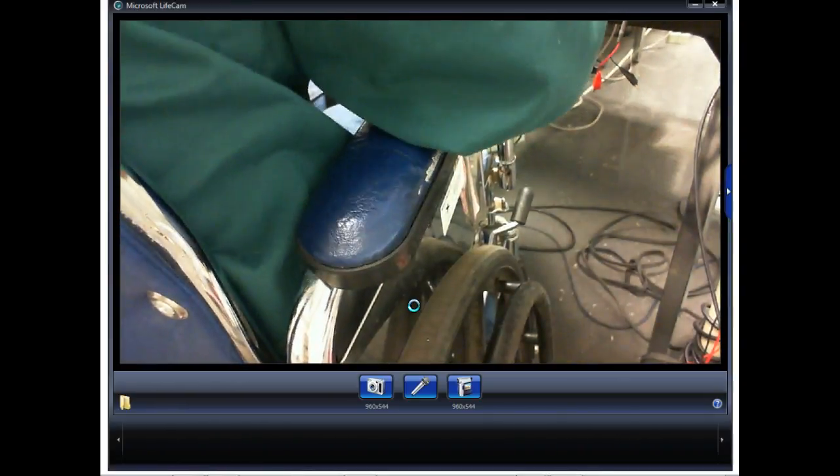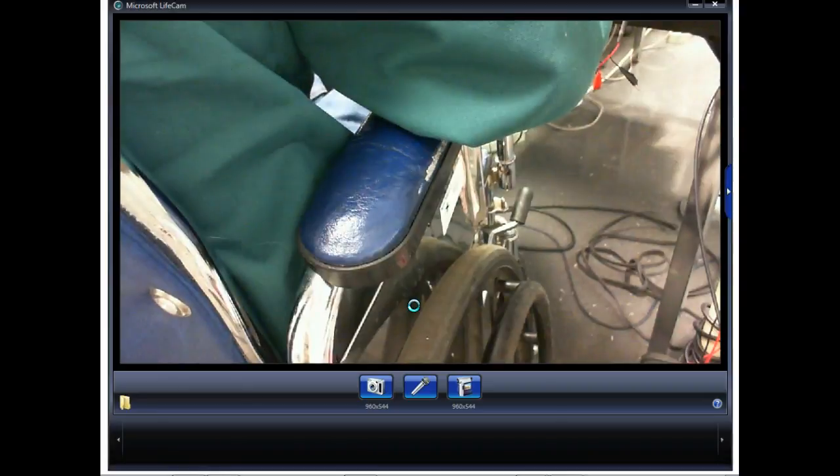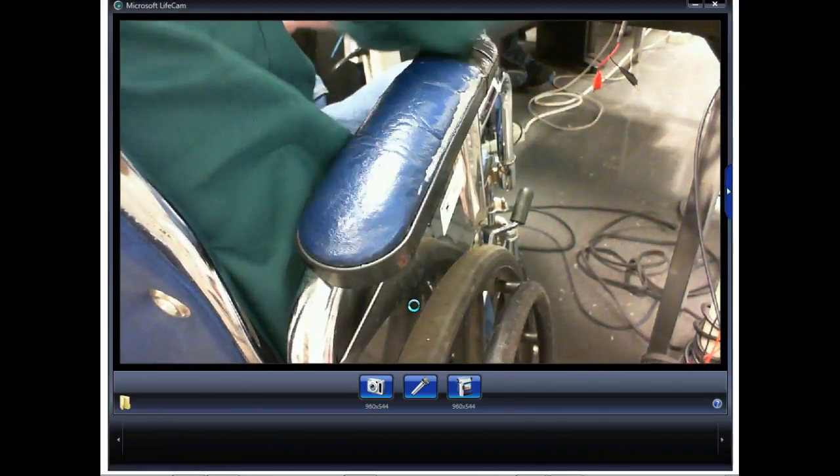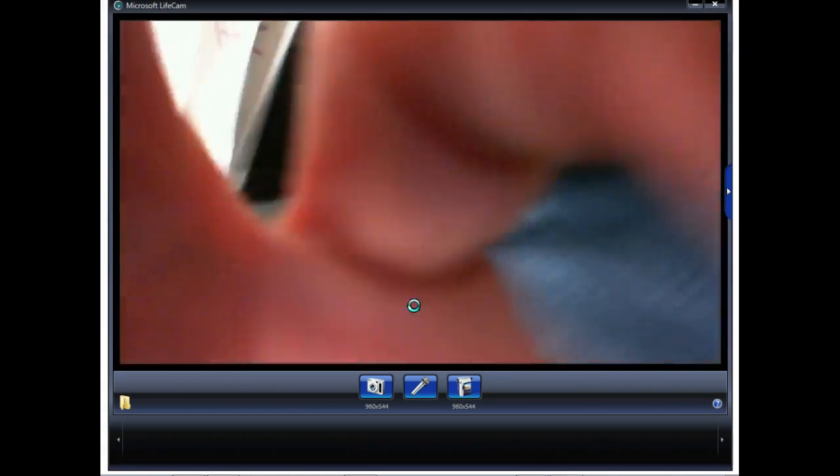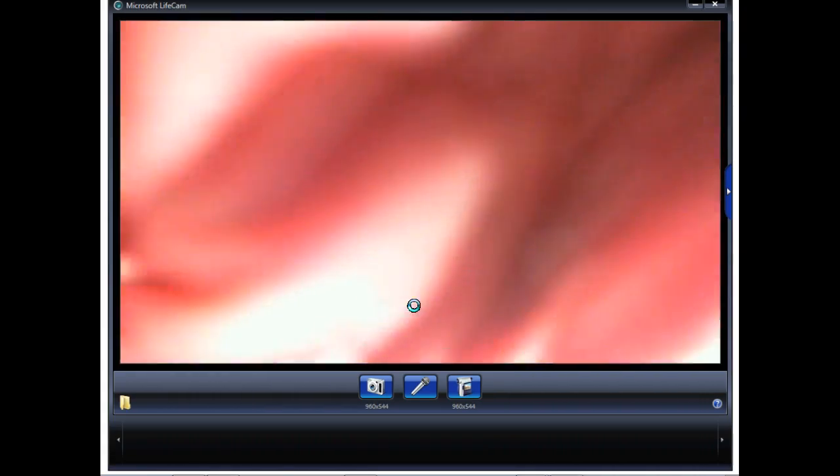I'm on page 934. Oh crap! I just broke the tape on my homemade document camera.